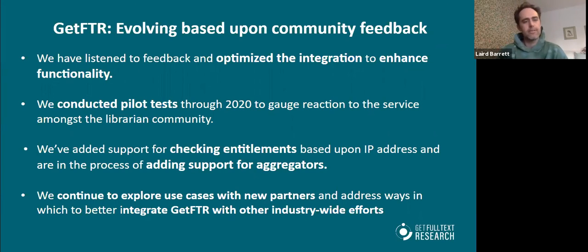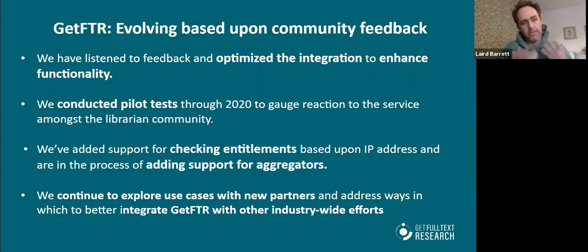Another thing that we discovered was that, to begin with, GetFTR only supported federated authentication, what you might know as Shibboleth and OpenAthens. But obviously there's a ceiling on how many institutions support federated access or have it enabled with publishers. Not every institution has federated access enabled with every publisher. So if you're only relying on federated authentication, it really narrows the range of researchers you can get GetFTR responses for.